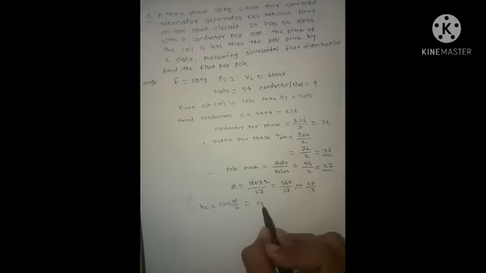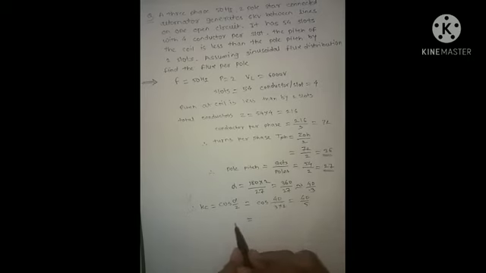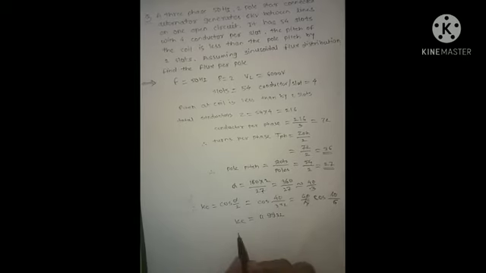So cos of (40 upon 3) upon 2. Therefore Kc equals 0.9932.